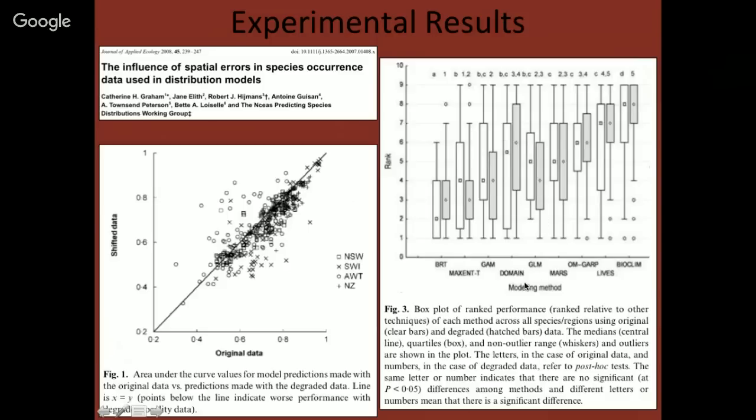And what you can see, for example, is that domain actually increased its rank, but that general linear models and Maxent actually reduced in their ranking between original and error-introduced data. The only reason I show you that panel is that it makes a difference. It makes a difference in how these models perform.